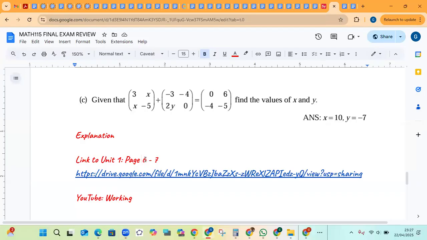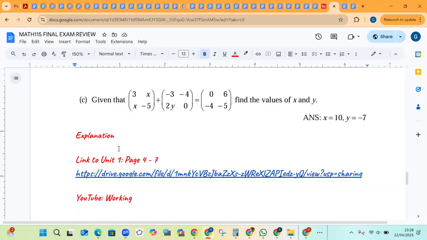Pages 4 to 7 is where you can go to get help for such a question, because we have addition between those two matrices right here.